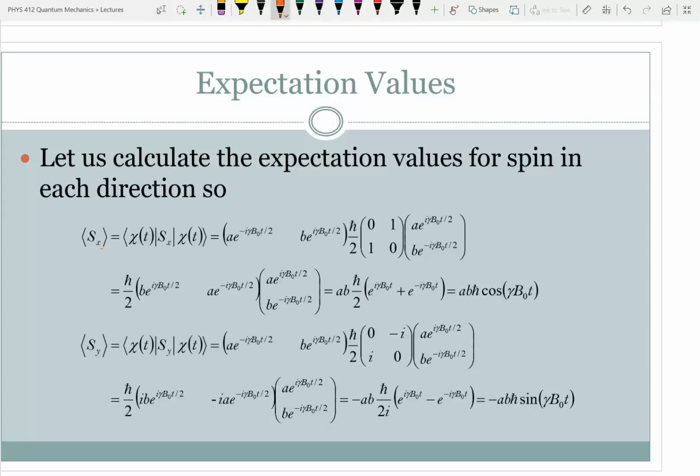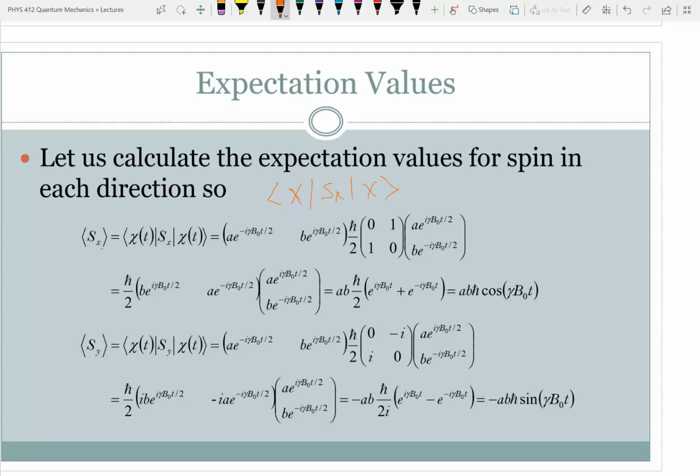What's the expectation value for the spin in the x direction? If I'm going to find the expectation value, then I have to put my chi-state, Sx, chi-state.